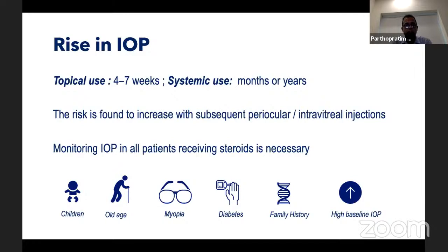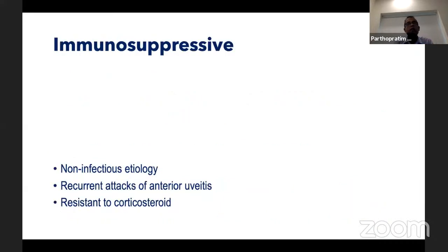Be careful while you are treating children, old age, myopic patients, patients with diabetes, patients with family history of glaucoma, and high baseline IOP when presenting to your clinic. So that's how, when we talk about a lot of side effects, the immunosuppressives come into play.